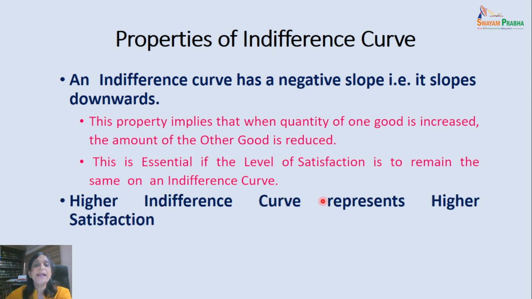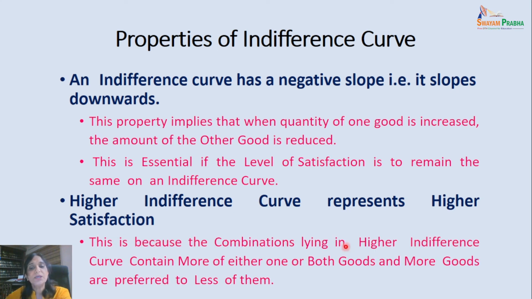Second, a higher indifference curve represents a higher level of satisfaction because it shows that you have more of both goods in the combination, or more of at least one good in the combination. If you compare the first property with the second property, they are related to each other.